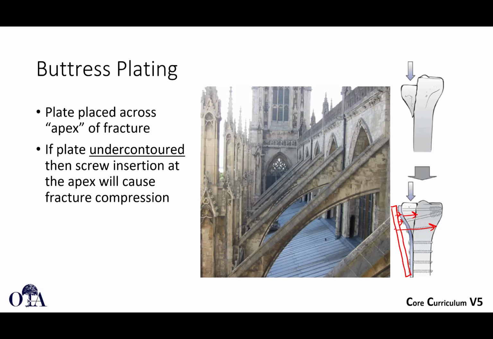So if you put a cortex screw here, not a locking screw, it's going to pull the plate to the bone, and you have to know how much pull-out strength you can expect from the cortical bone that you're dealing with, and you have to understand how much to under-contour and not have the screws pull out.